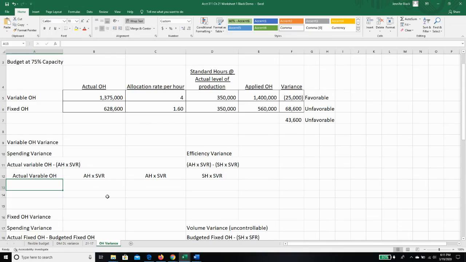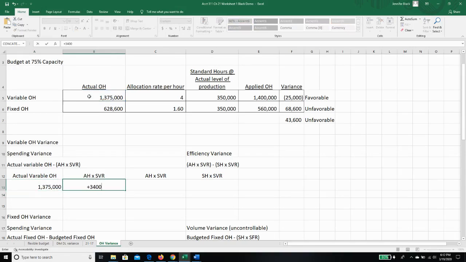All right. So our variable overhead variance can be split into a spending variance and an efficiency variance. This is very similar to what we did for direct labor. So our spending variance is our actual variable overhead minus our actual hours times our standard variable rate. So our actual variable overhead, we know, is 1,375,000, and our actual hours, we said, were 340,000 times a rate of $4 an hour.